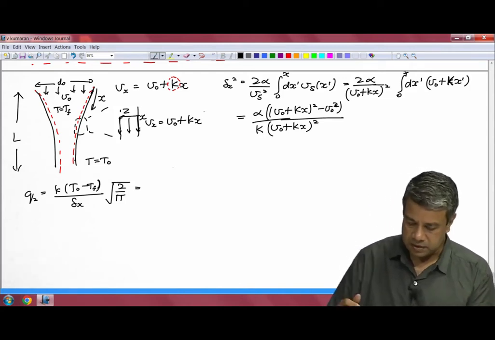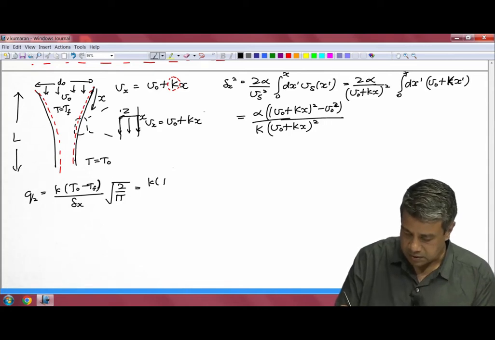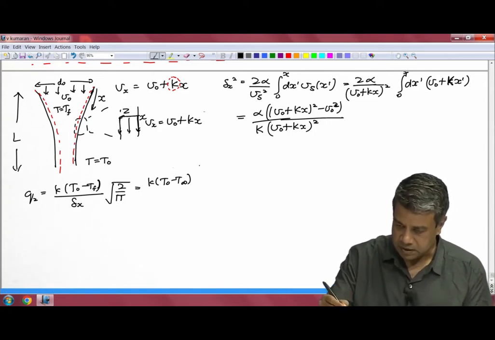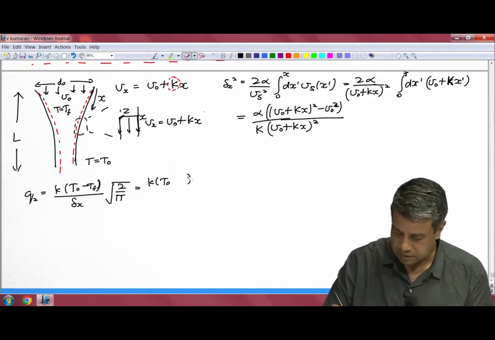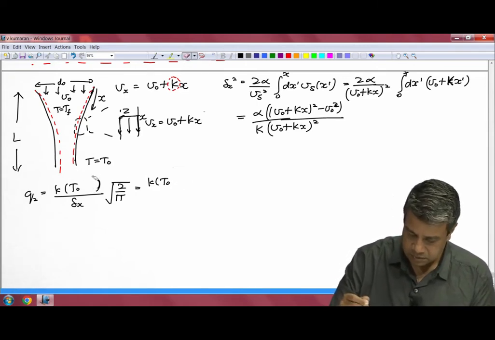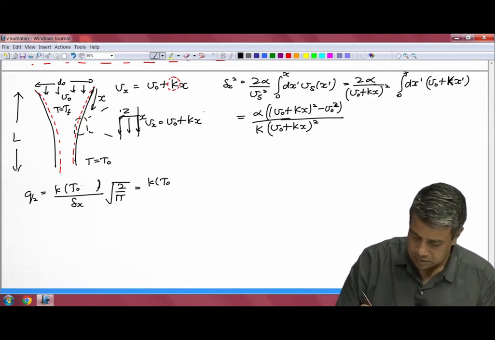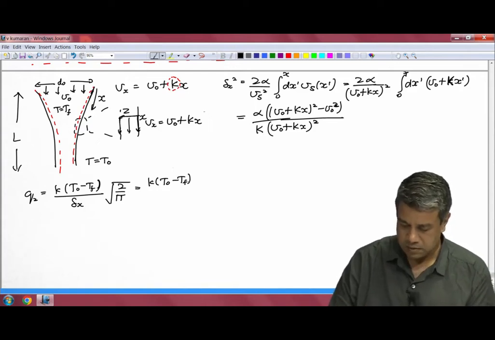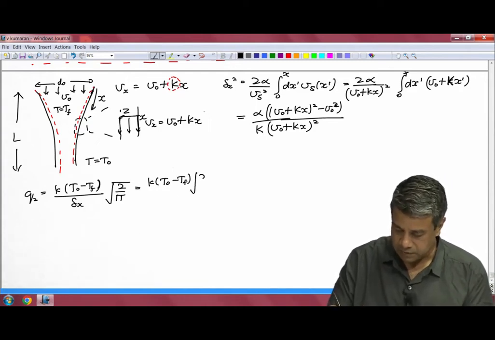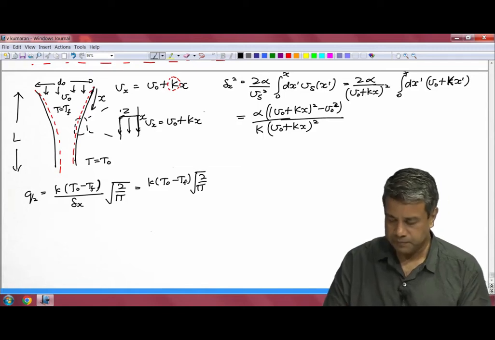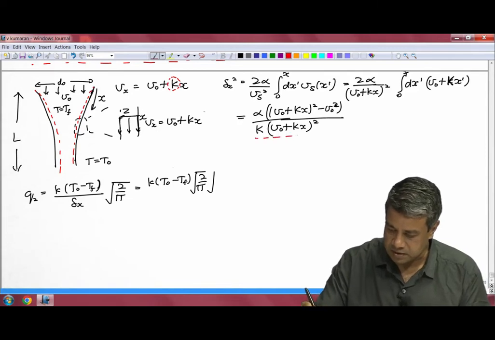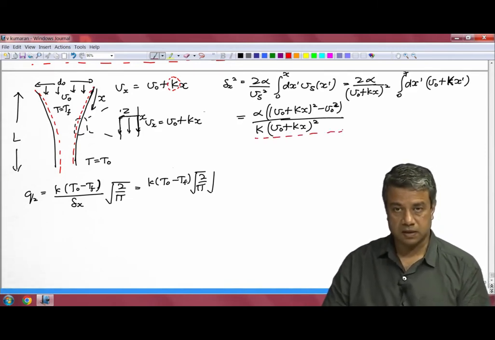Substituting the values here, I will get k into T naught minus T infinity. Okay. I should write this as Tf here. Into root of 2 by pi. 1 over delta. Note that this whole thing is equal to delta square.